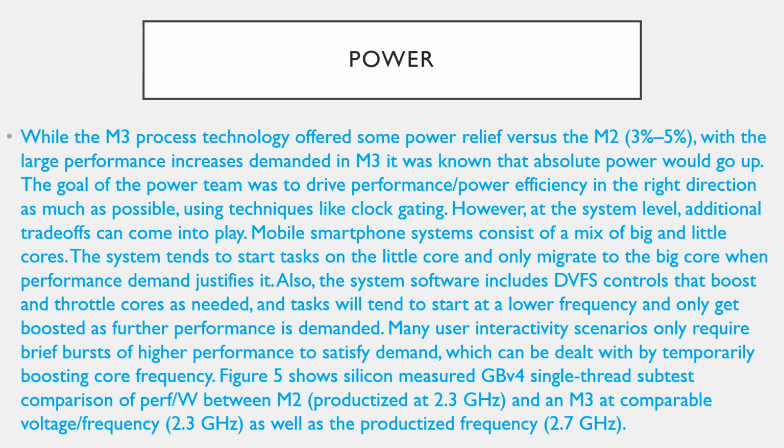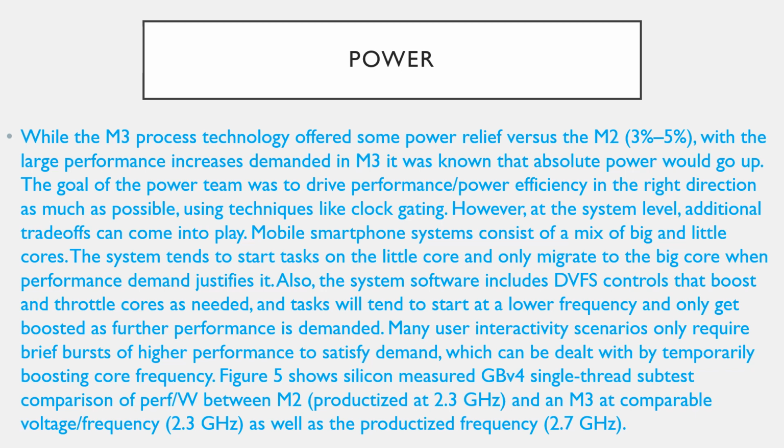Mobile smartphone systems consist of a mix of big and little cores. The system tends to start tasks on the little core and only migrate to the big core when performance demand justifies. The system software also includes DVFS controls that boost and throttle cores as needed, as tasks tend to start at a lower frequency and only get boosted as further performance is demanded.